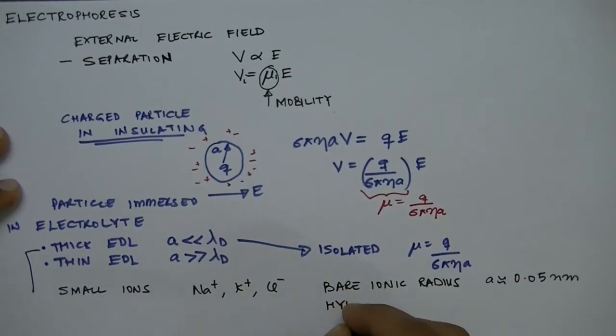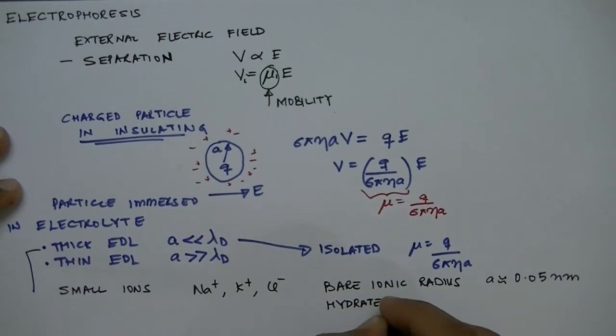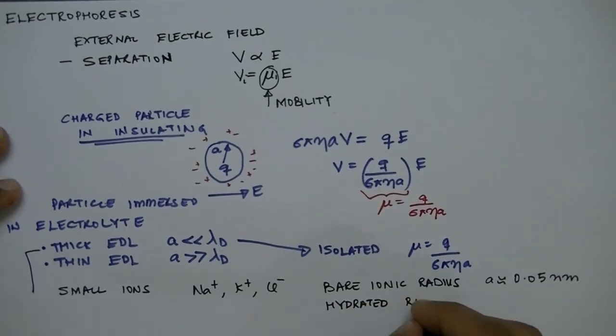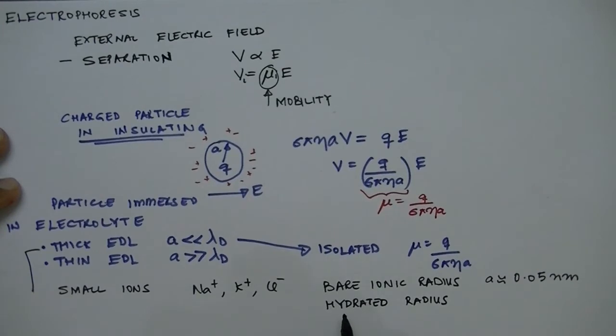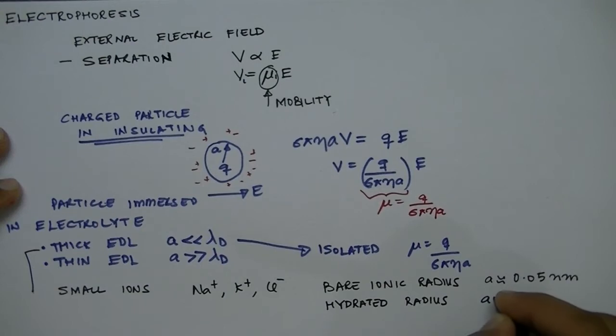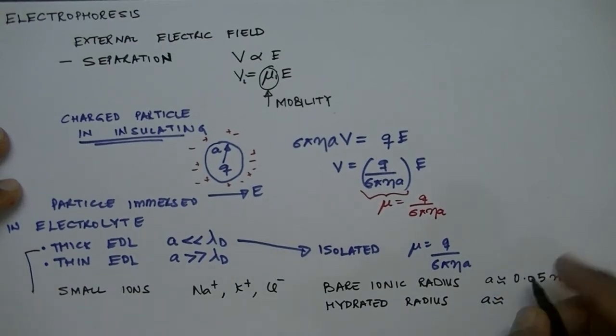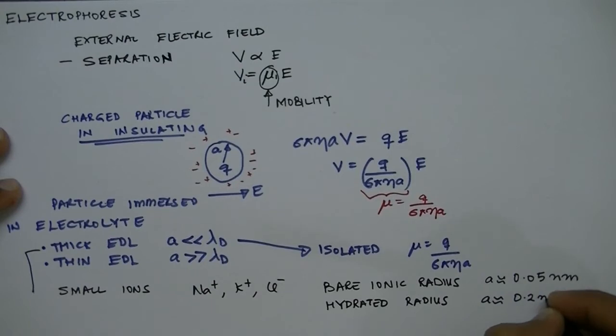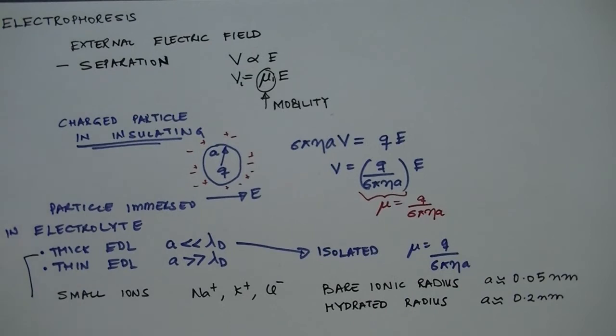What we have is a hydrated radius, and this is because in aqueous solutions water molecules accumulate, one atomic layer of molecules over the ions. So the typical hydrated radius, which we will use for our calculations, is about 0.2 nanometers. You will see that the typical EDL thickness is about 10 nanometers, so we are one order smaller in radius than the EDL thickness, so we can use the thick EDL assumption.